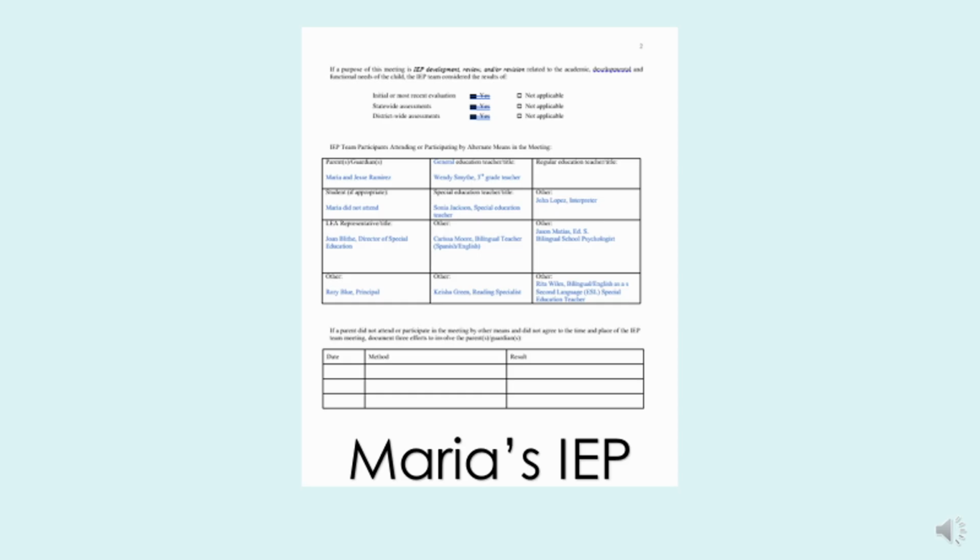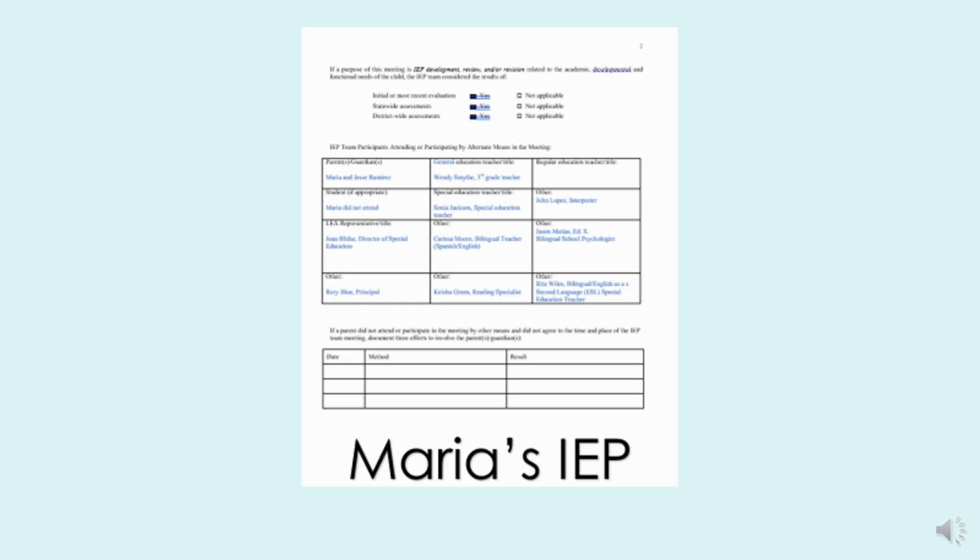At Maria's meeting, the team will review information from assessments that are linked to the general education curriculum. Some mandatory members of the IEP team meeting include parents, the grade 4 general education classroom teacher, the bilingual education teacher.